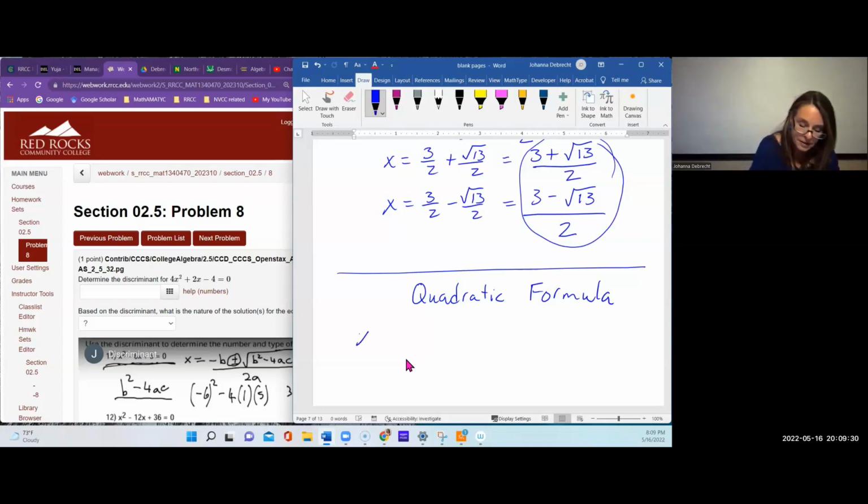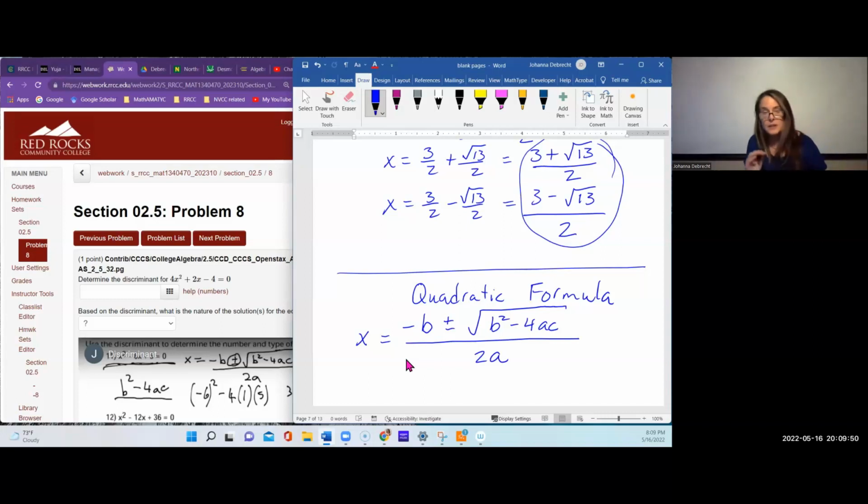There are two methods of memorizing it. X equals negative b, or rather I say the opposite of b, plus or minus the square root of b squared minus 4 times a times c, all under the radical, and all divided by 2 times a.